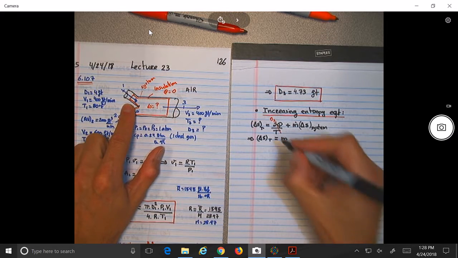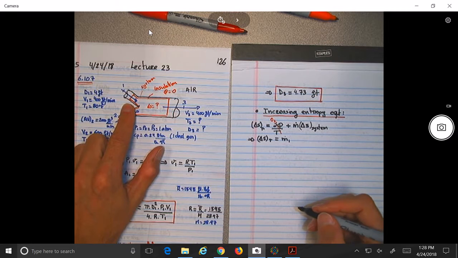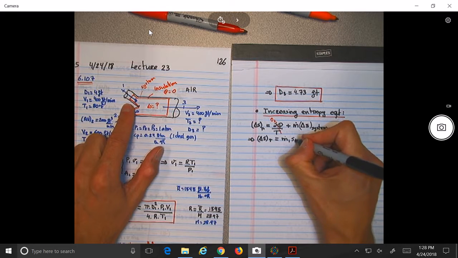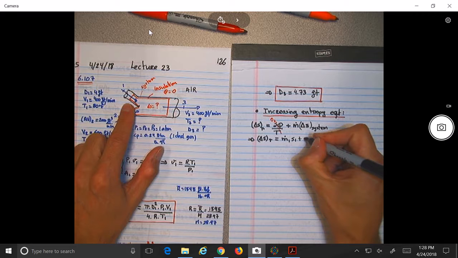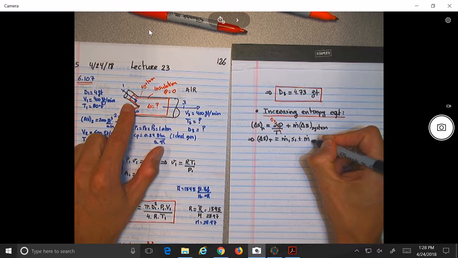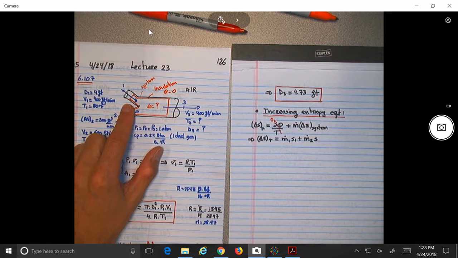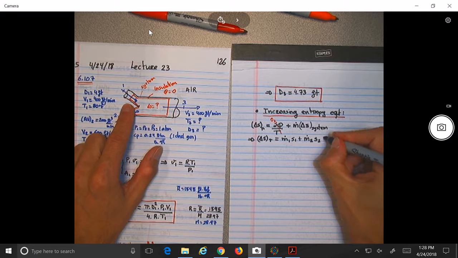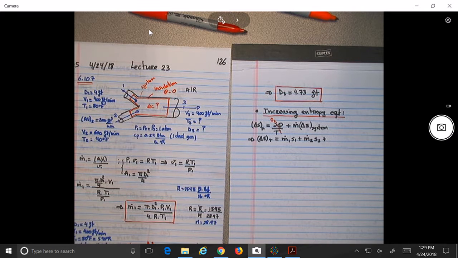M dot 1 times what? S1. Okay, it's not complicated. Plus M dot 2 times what? S2 plus what?